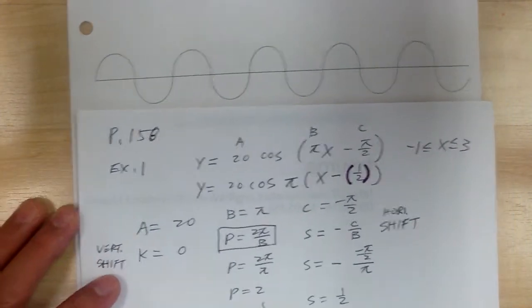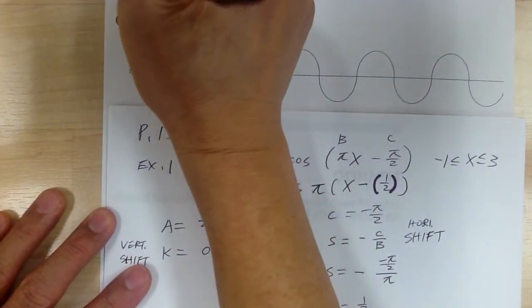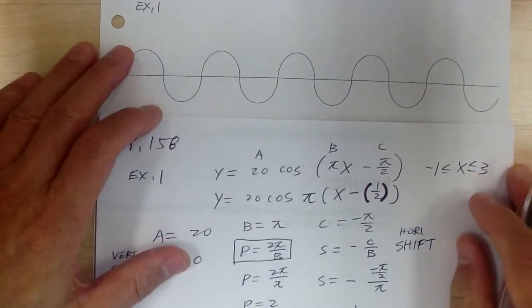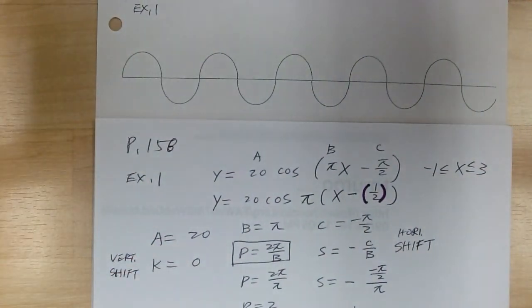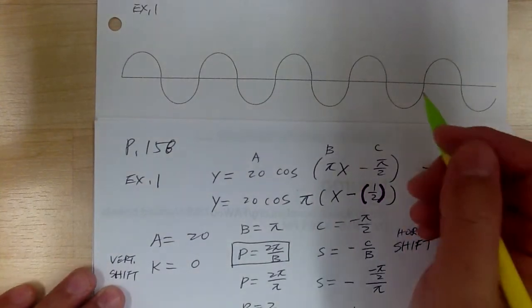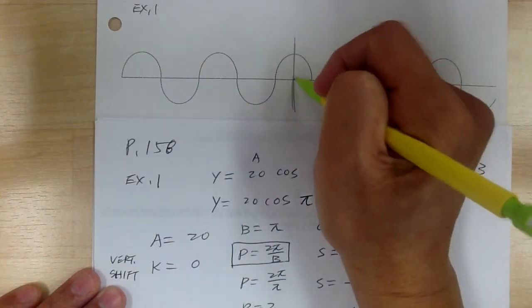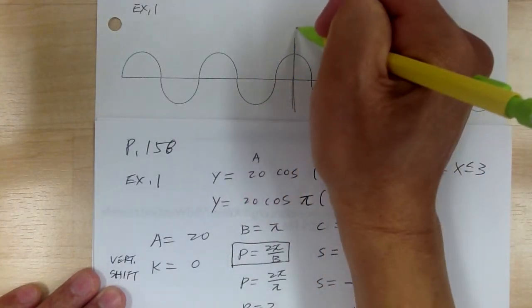Okay, so let's go and switch over to the graph. So what you want to do is you want to use a pencil to start. So normally cosine starts right over here, right? And that's your, so this is the shift.